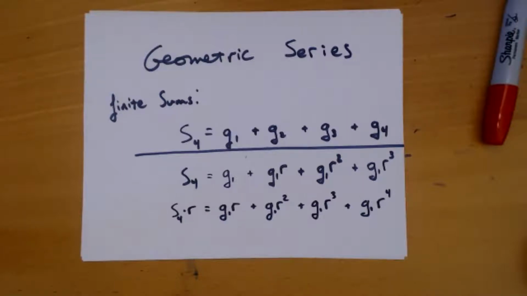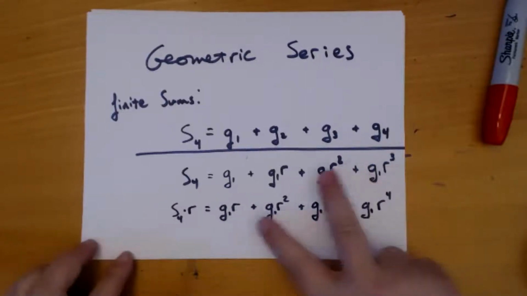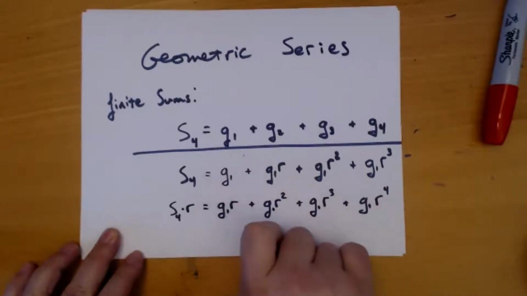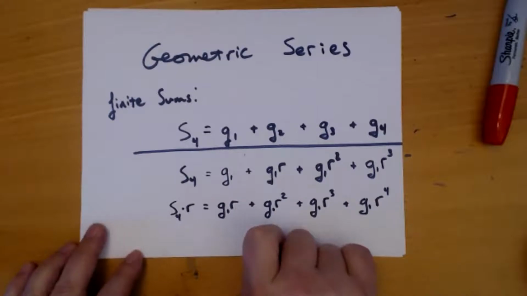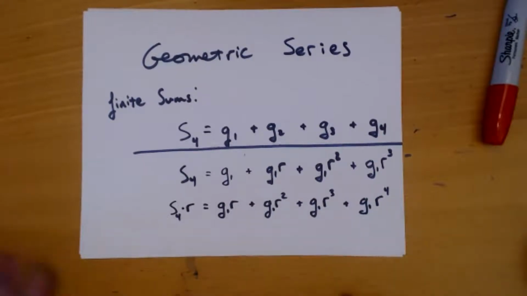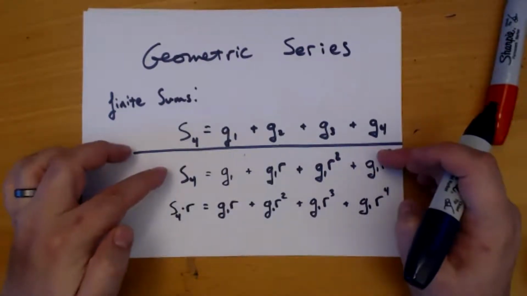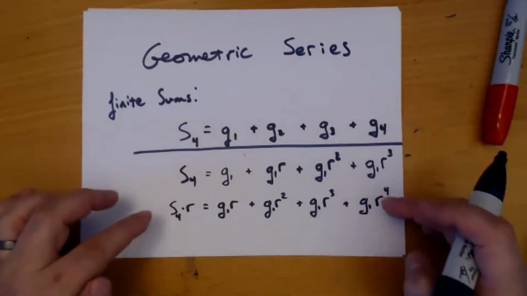And then if we look at this thing carefully, we'll notice that we've got common terms in each of these sums, right? These two are the same, these two are the same, these two are the same. That one and this one are not. So what we can do, and this is the sneaky thing, is I'm going to take this equation and subtract this equation.